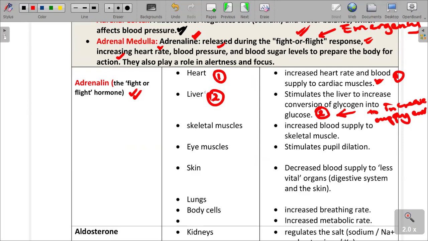Remember that glycogen is the storage form of glucose. So when glucose is in excess, in order to avoid diabetes, glucose is converted into glycogen such that the body remains healthy. It can only be converted back into glucose when there is need for what? For energy in the body through what? Through respiration.